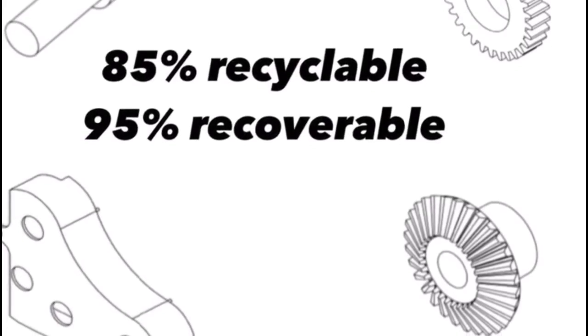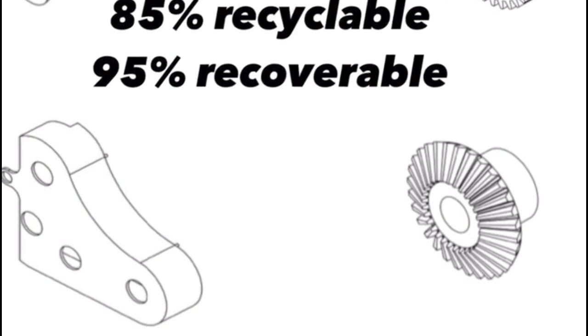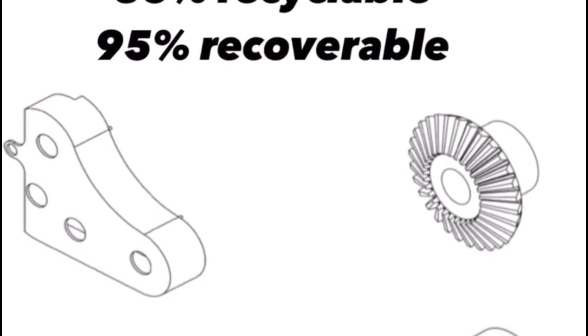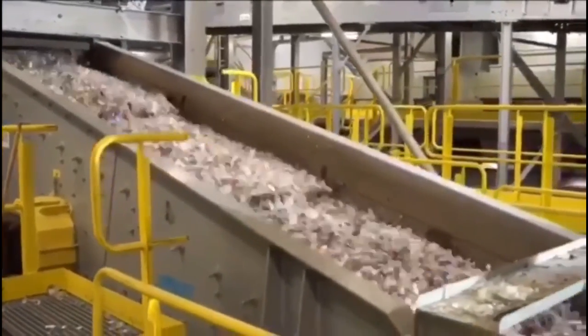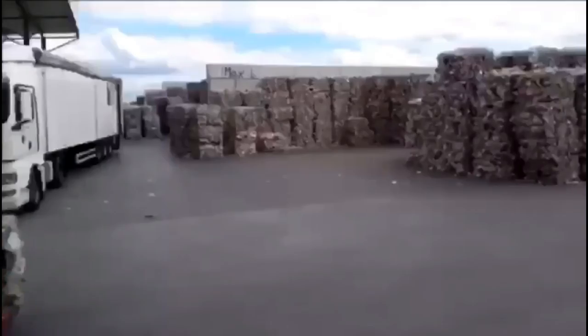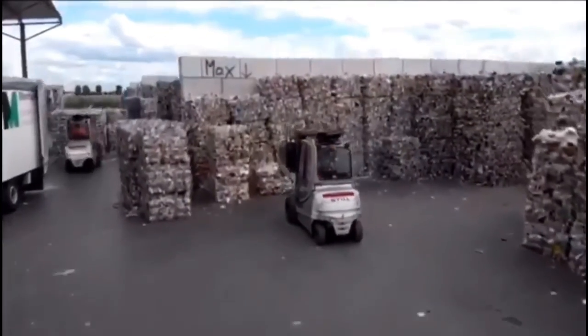More than 85% of the cleaning device is recyclable and more than 95% is recoverable. An innovative near-zero emission recycling process also ensures that 95% of the device components are successfully recovered for reuse. The rotatable mounted roller is reused in thermoplastic while the gears are reused in steel.